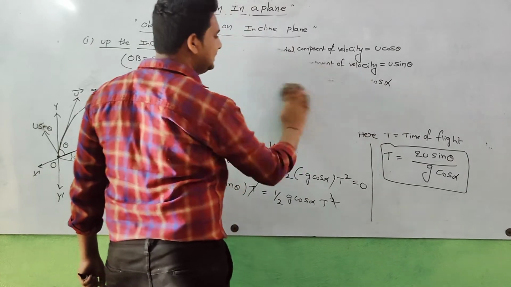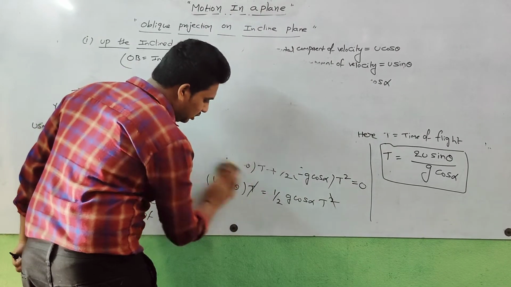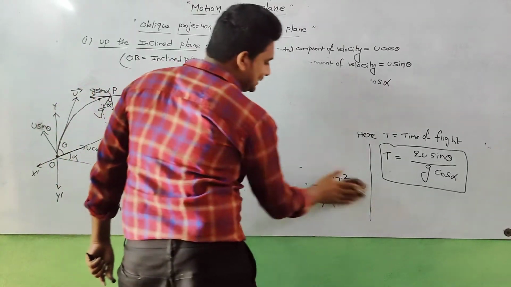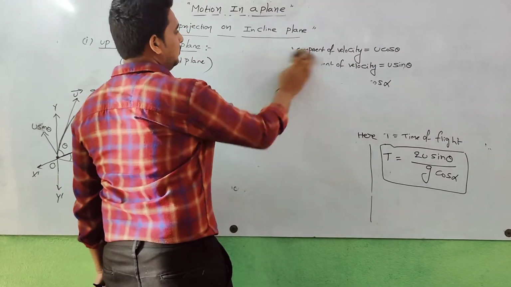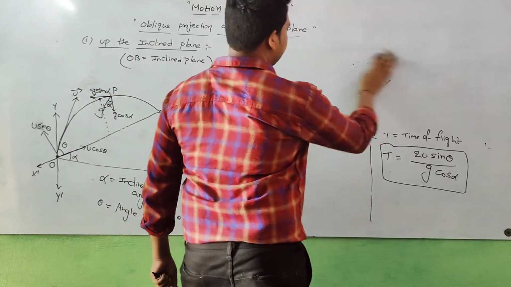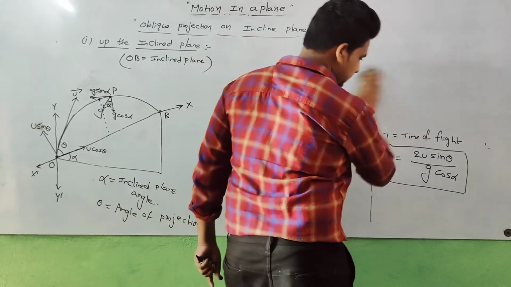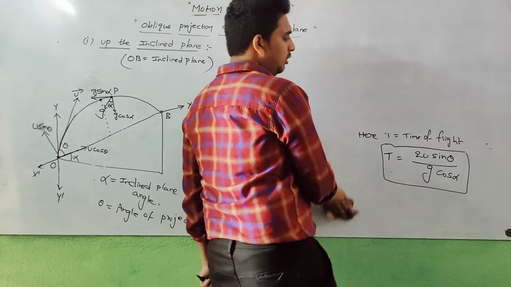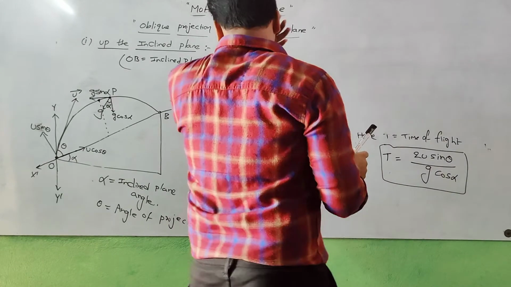So what is the trick here? Sy is equal to 0 for finding time of flight. So this is the time of flight formula. What is the question here?